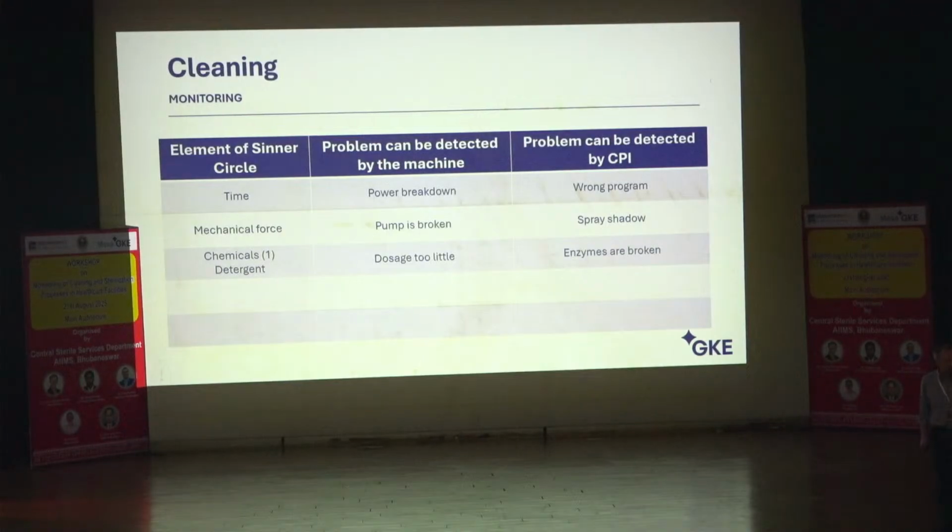You can destroy the enzymes easily when you store the detergent at too warm a temperature. And then no machine in the world can decide if the enzymes are still good or not. This information will be given by the indicator, because it will not be washed off anymore if the enzymes are broken. This is a typical thing where the machine cannot give you any information.